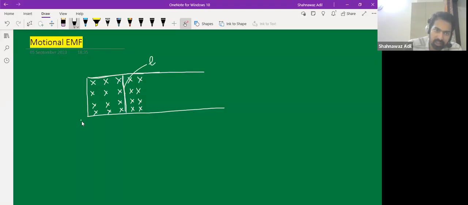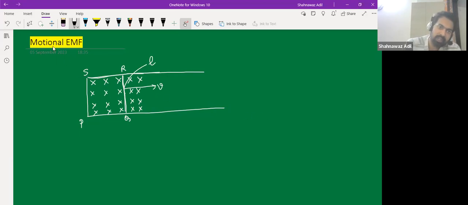So you have this P, Q, R, S. So only this QR length is moving, right? The points S and P are fixed, so these points P and S are fixed, only this line is moving with, let's say, velocity V.